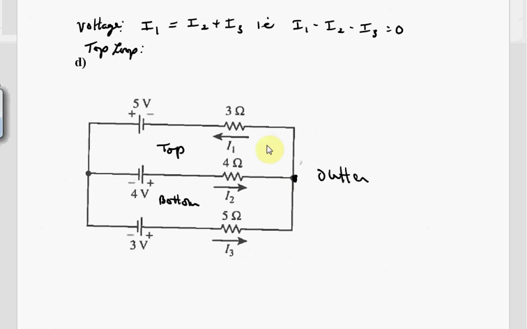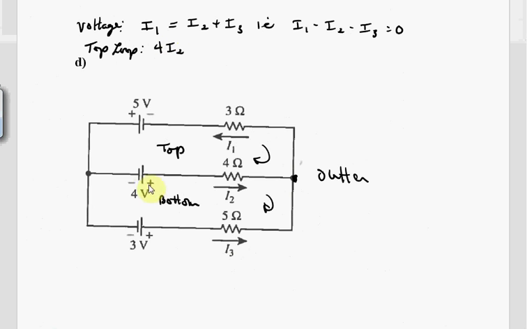We're going to travel clockwise. So if we travel clockwise, we come here to this first resistance. It's traveling opposite of the assigned current flow through the circuit. So it's going to be a plus here. So we just say 4 I sub 2.